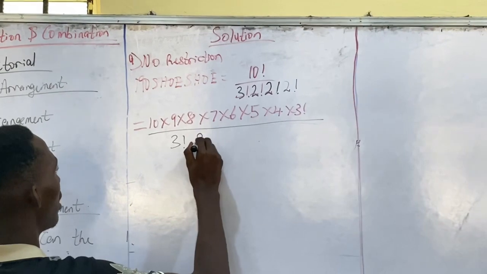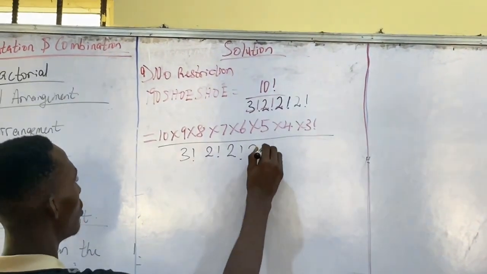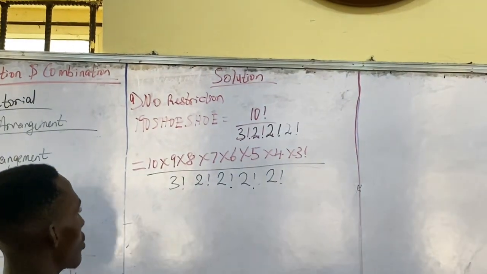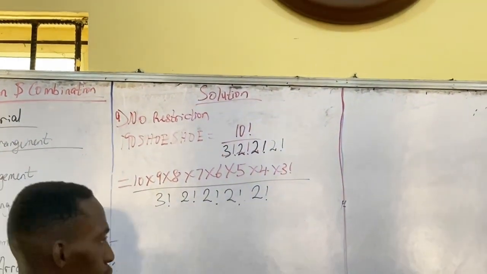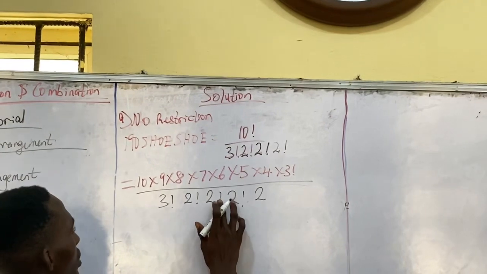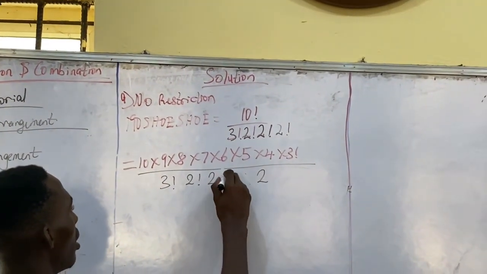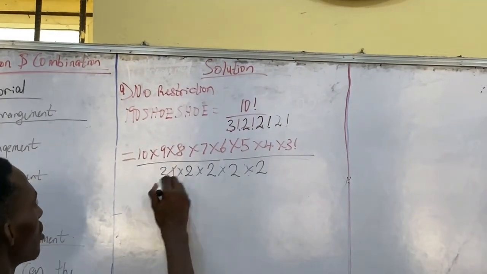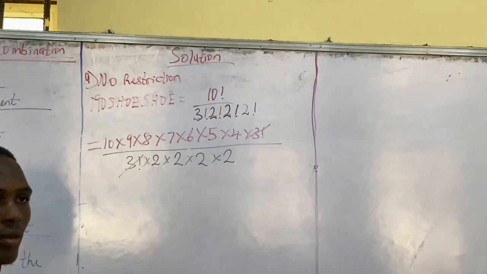So that's over 3 factorial, 2 factorial, 2 factorial, 2 factorial. 2 factorial is still equal to 2, so we can safely remove this and put times. This 3 factorial can cancel this 3 factorial.